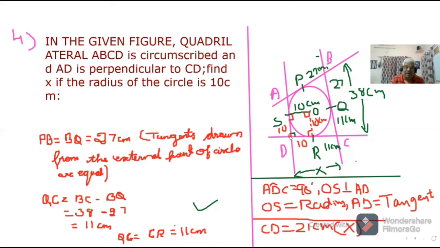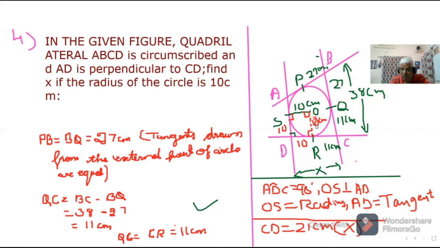What is the relation between the radius and the tangent DS? As we have studied, according to the theorem, the radius and the tangent, they are perpendicular. Means here we got S angle is 90 degrees.